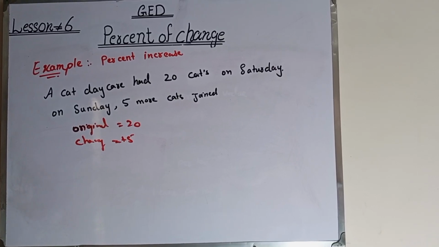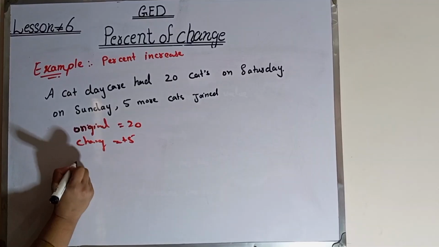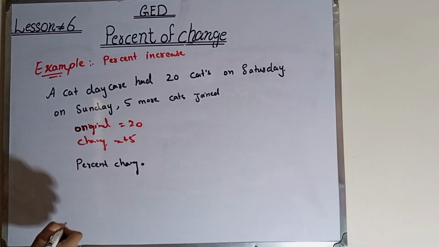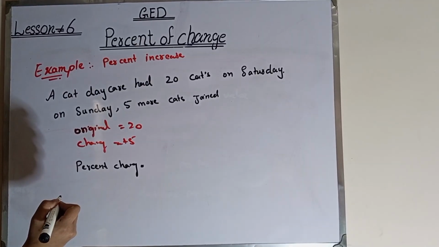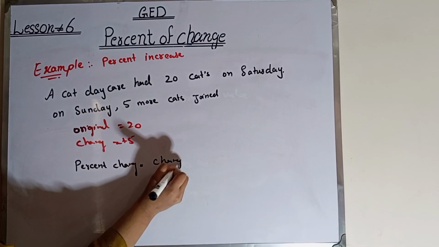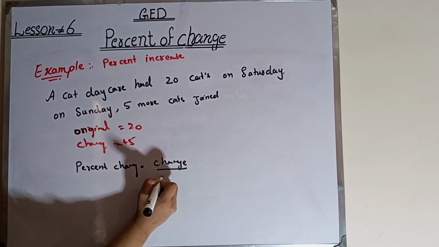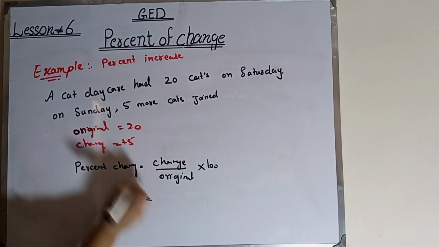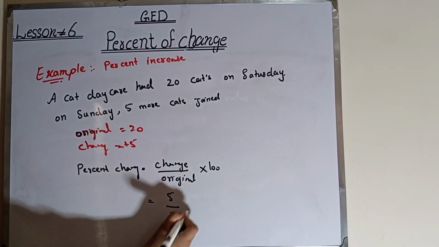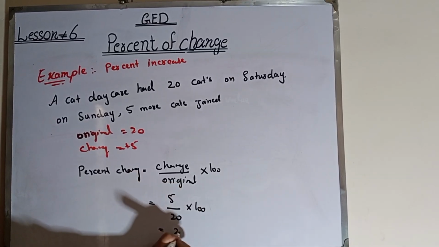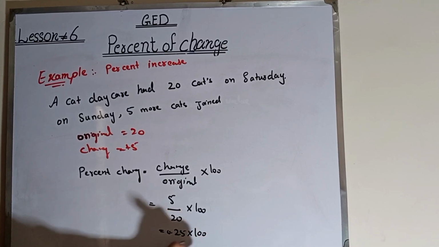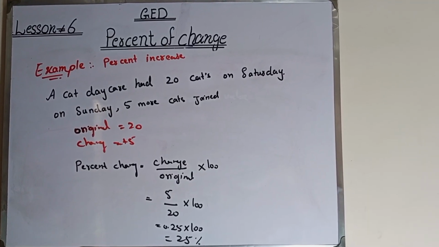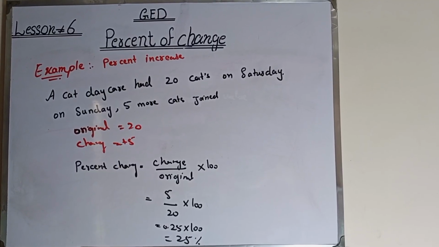Plug into the formula: percent change is equal to change over original value, multiplied by 100. Our change is 5, original is 20, multiplied by 100. It's 0.25 multiplied by 100, which is 25%. So the daycare saw a 25% rise in cats.